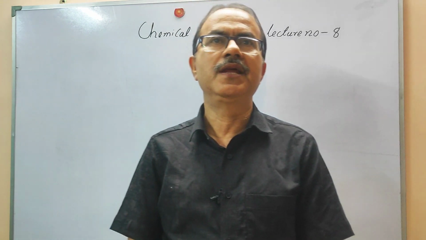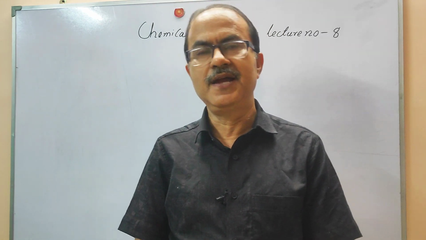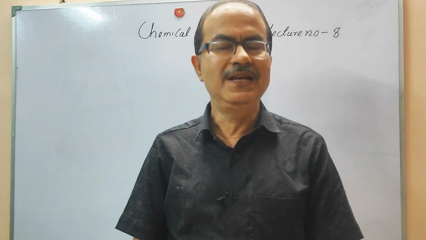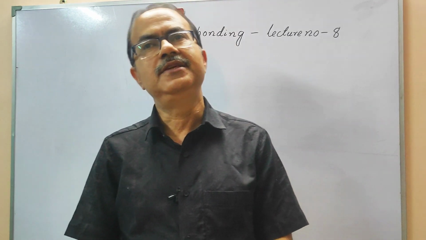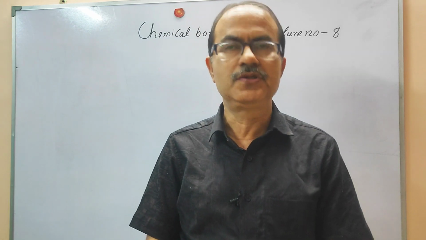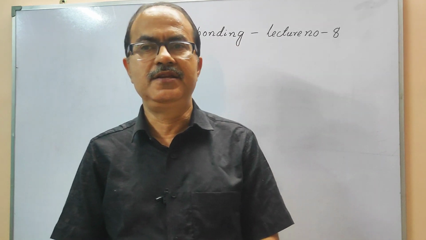From this theory we can predict the shape of covalent molecules, and this theory was further modified in 1957 by Gillespie and Nyholm.